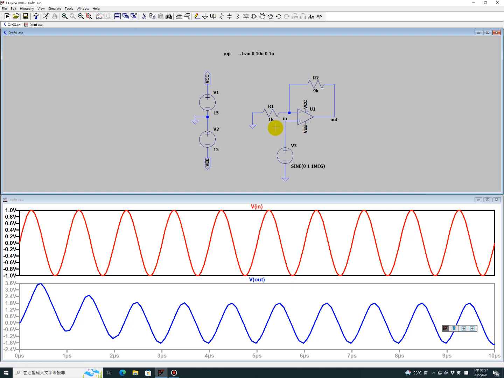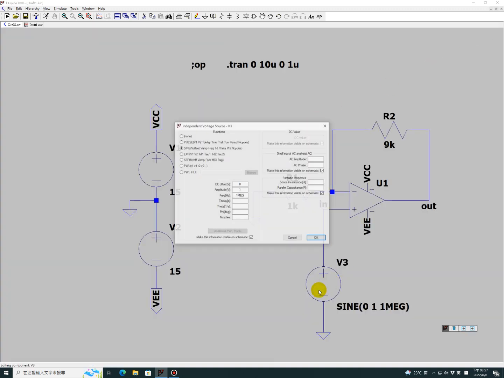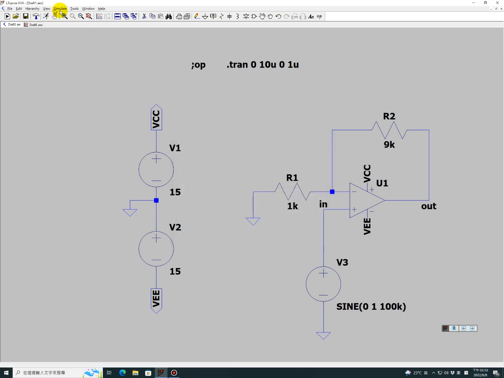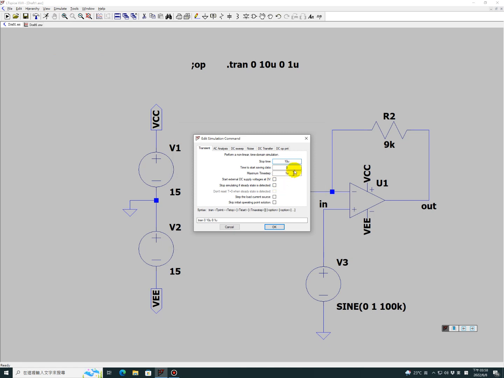And we know for the gain of 10, you can probably hold to 100 kilohertz. So now let's go to 1K and do the simulation again. 1K we have, 100K we have 10 microseconds, 100 microseconds.